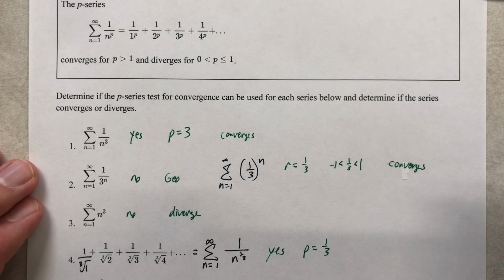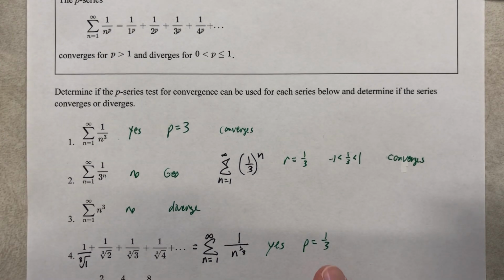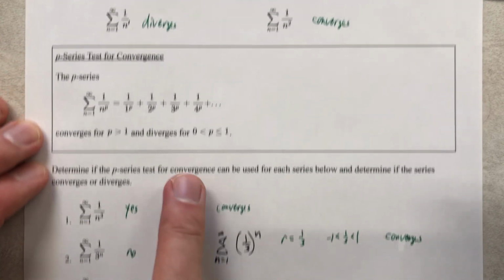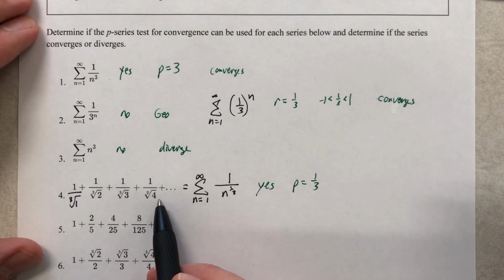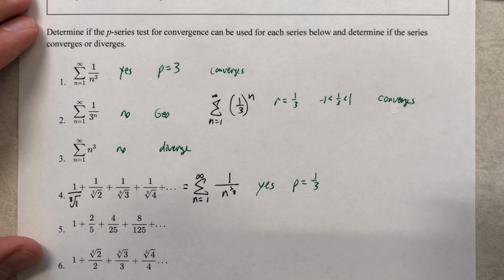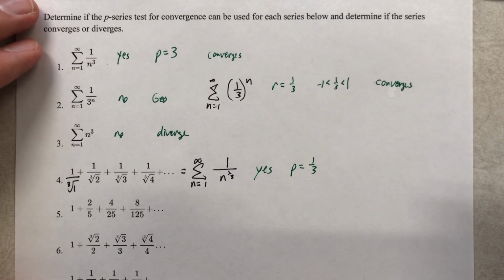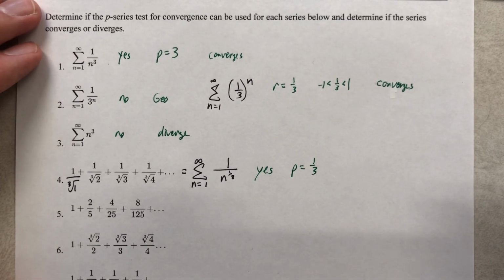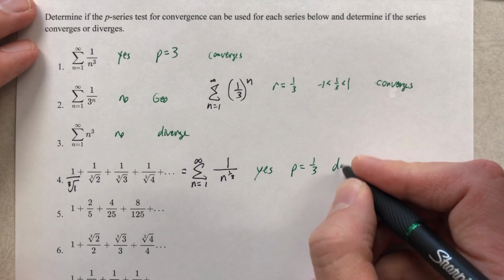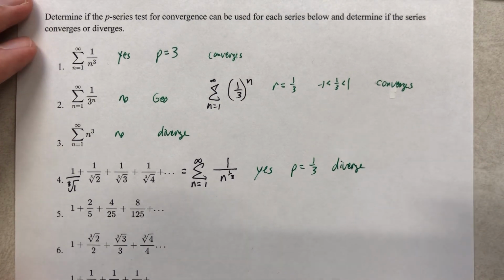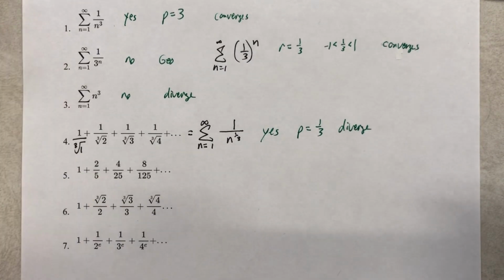And then I look at it and say, if p is a third, what happens? We have a divergent series. So if I listed all these terms and added them all up to infinity for the rest of eternity, which I'm not going to do, I have better things to do with my eternity, then I would find out that they diverge. There we go. Okay, number 5.